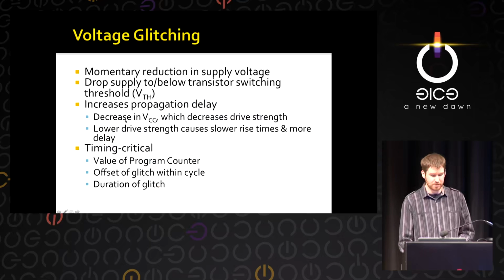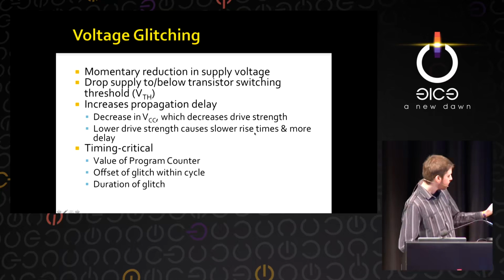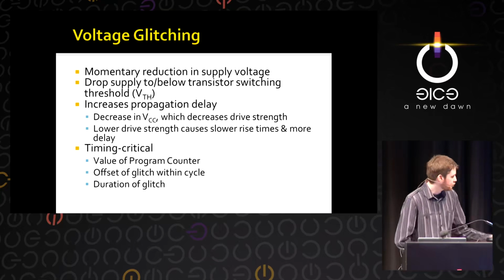And why that happens is because when you decrease the supply voltage, it decreases the drive strength of the transistors, and this lower drive strength will cause slower rise time. So instead of a sharp edge rate, a sharp transition of a signal, it'll take a long time to plateau and a long time to discharge, basically. So that gives you that effect where it slows the propagation of the signal down.